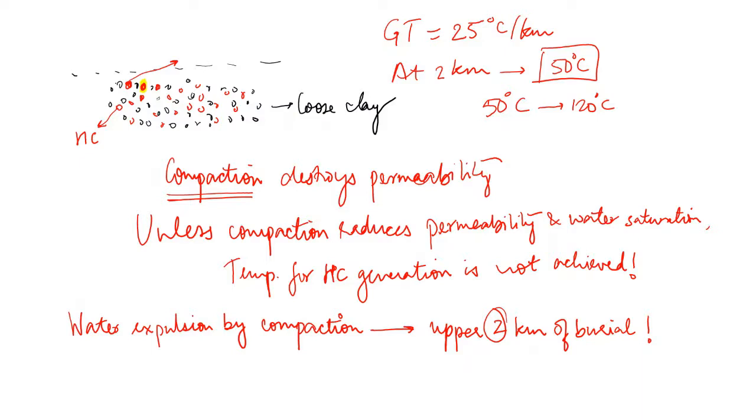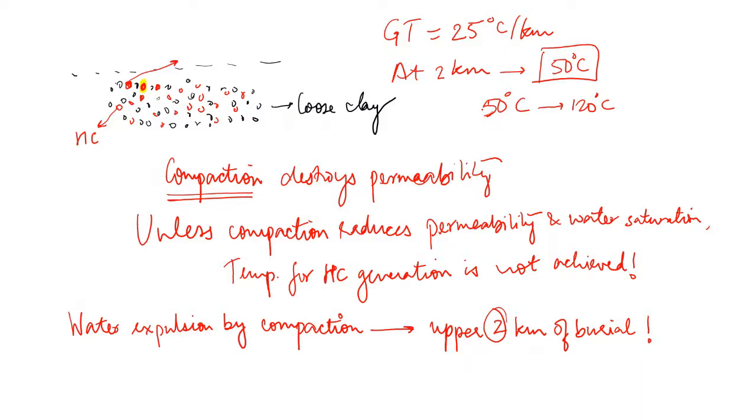So we can see that the generation of petroleum will start when the water expulsion has happened to the maximum. So this first theory, that the source sediments expel out oil by squeezing before they get compacted, is wrong, because petroleum generates only when the water expulsion by compaction has occurred, which is 50 degrees Celsius at least.